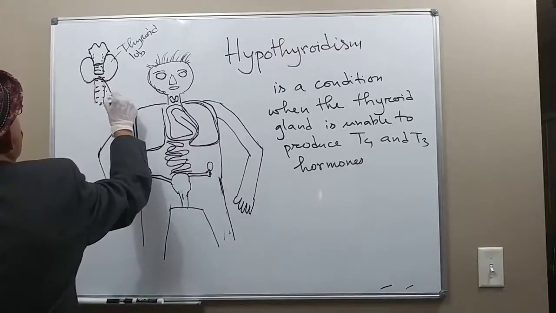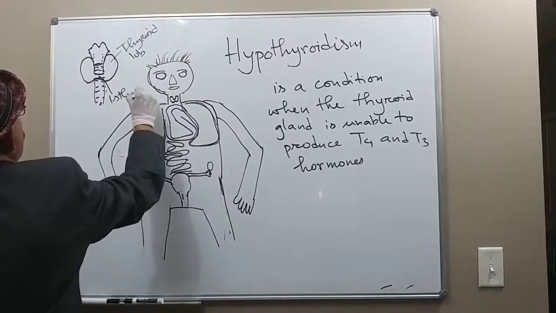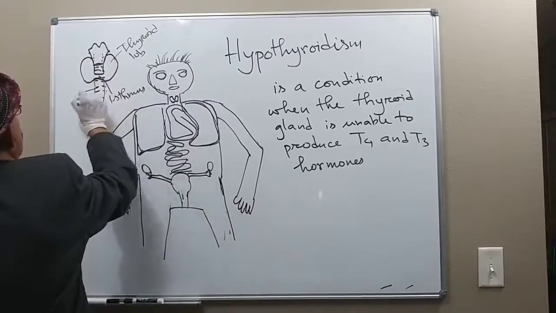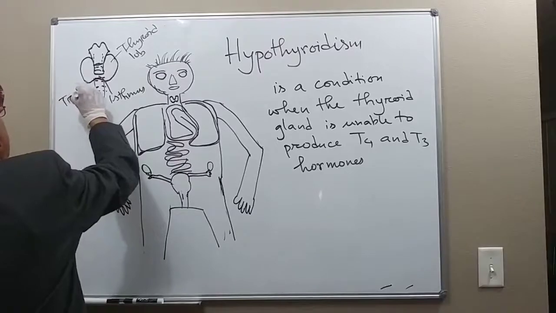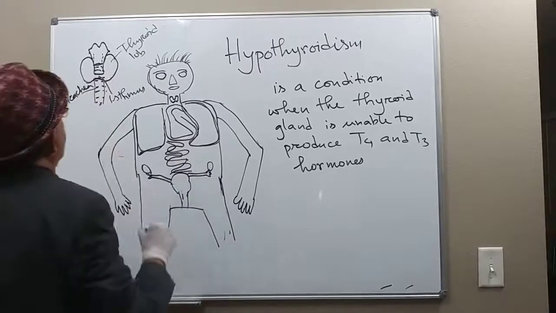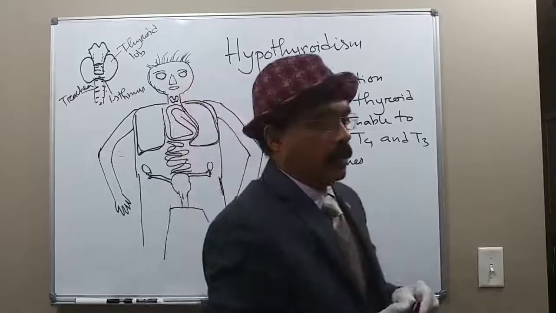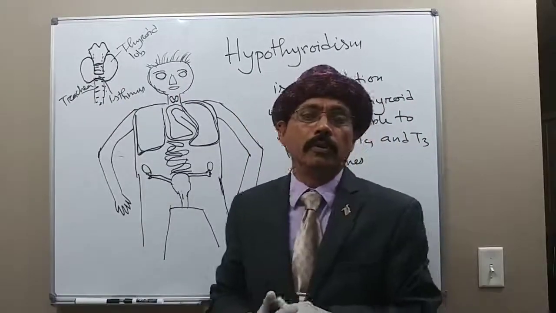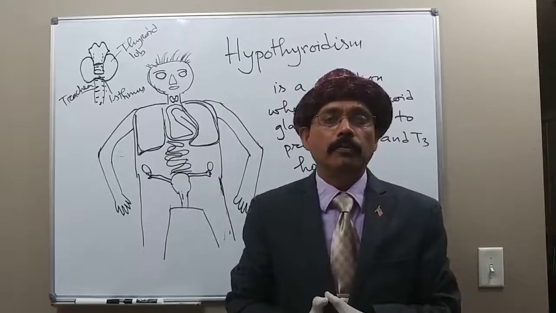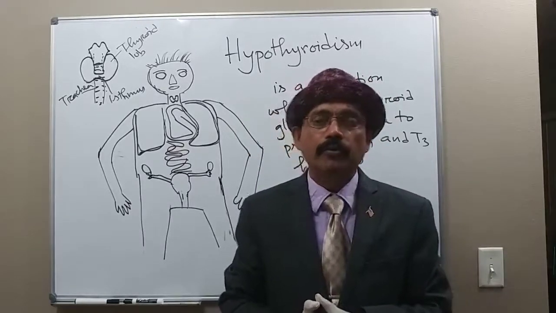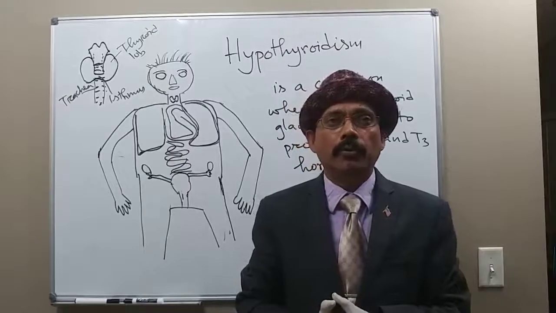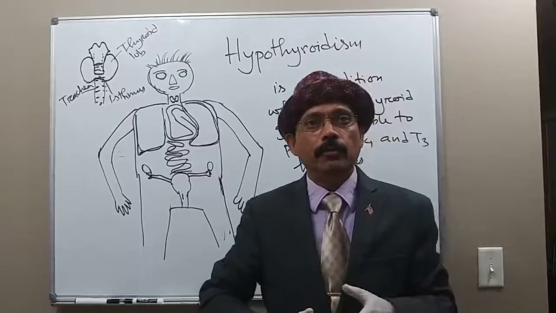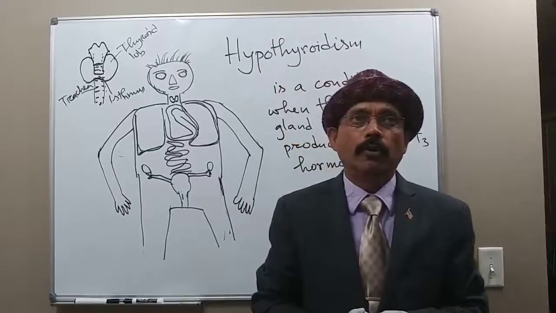This is the isthmus of the thyroid gland. This is the trachea. If the thyroid gland is unable to produce a sufficient amount of thyroid hormones, then we call it hypothyroidism. It may be a total lack of formation, or maybe inadequate formation of thyroid hormone.